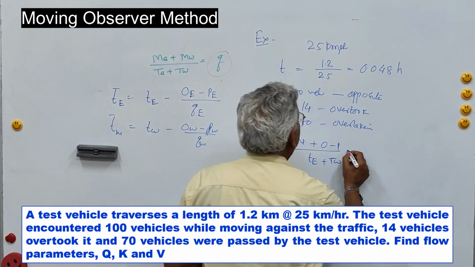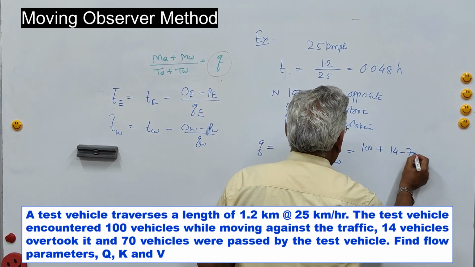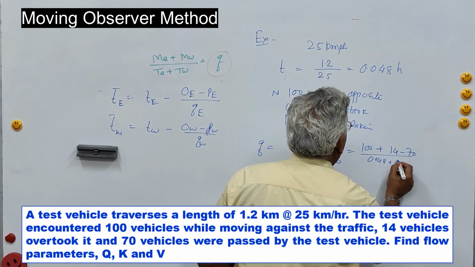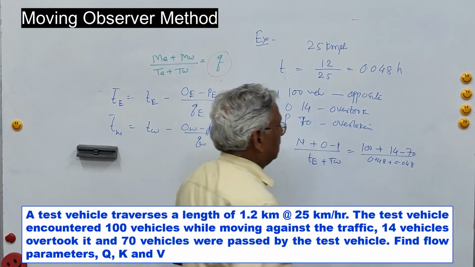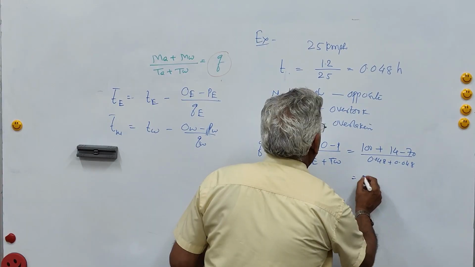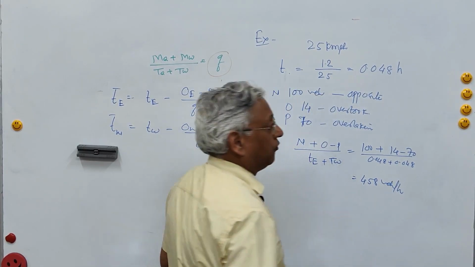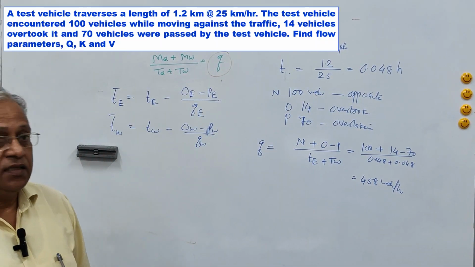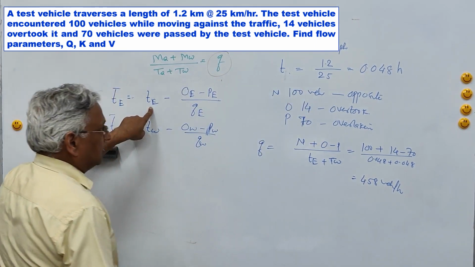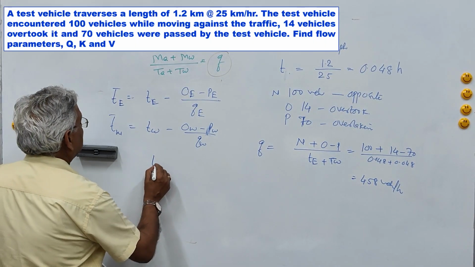So this is (100 plus 14 minus 70) divided by (0.048 plus 0.048), and this is equal to 458 vehicles per hour. That is the flow. And you can find out what is the stream speed or the time.